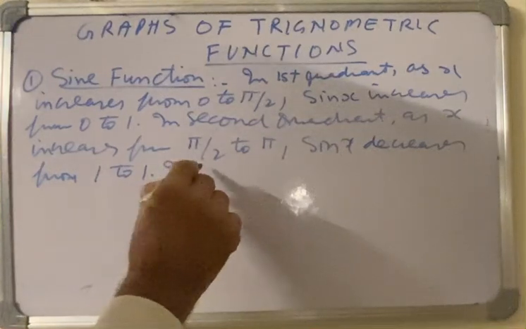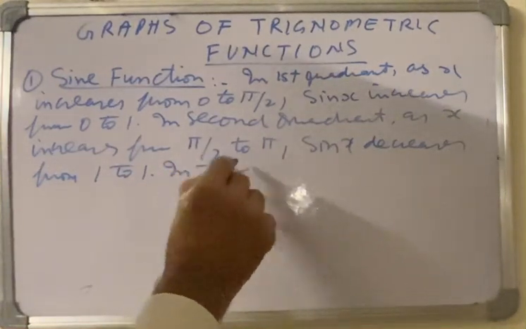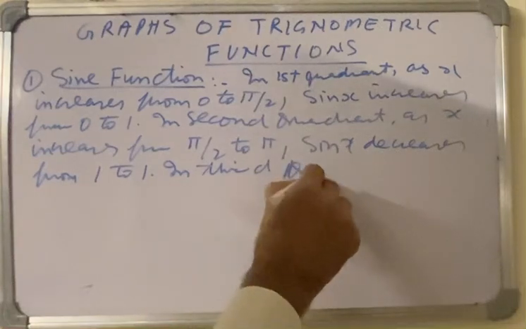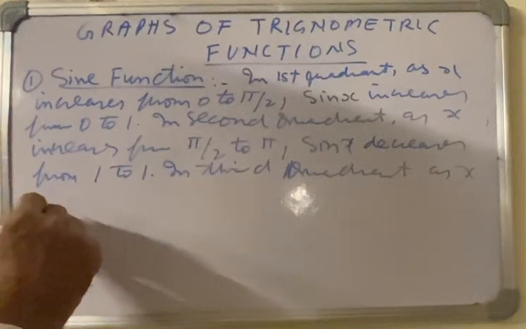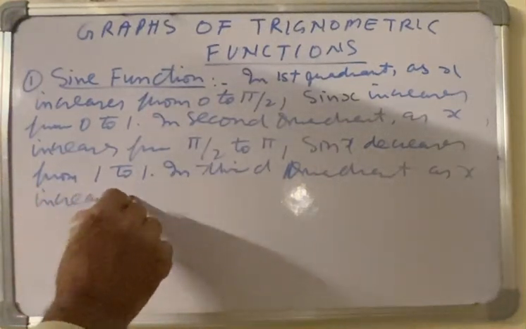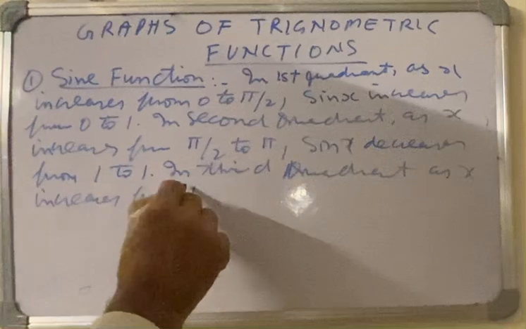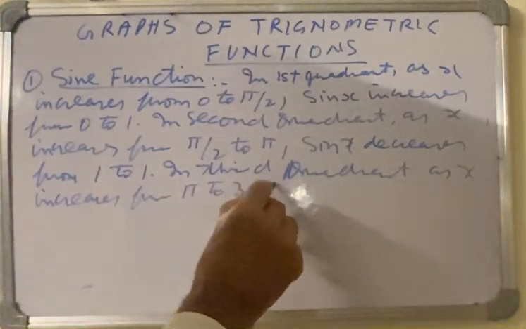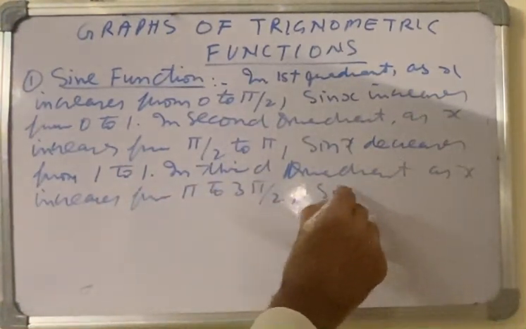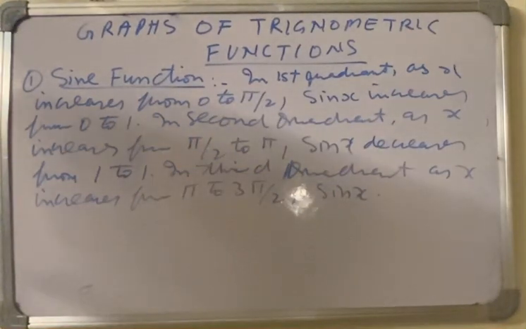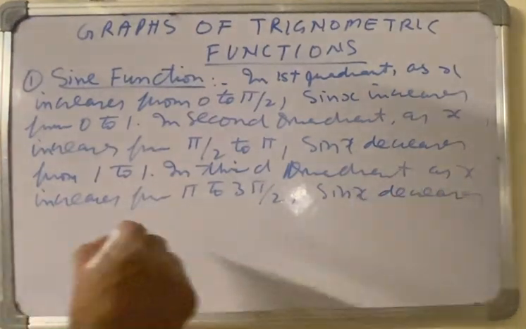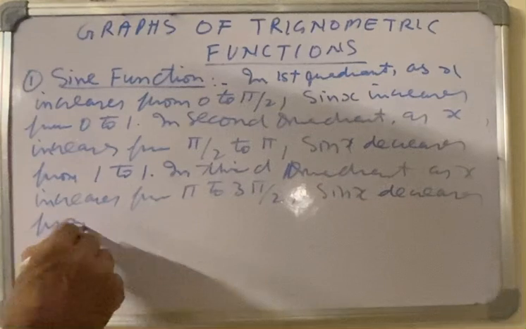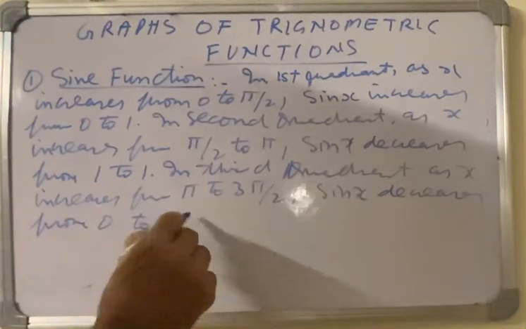In the third quadrant, as x increases from pi to 3 pi by 2, sin x decreases from 0 to minus 1.